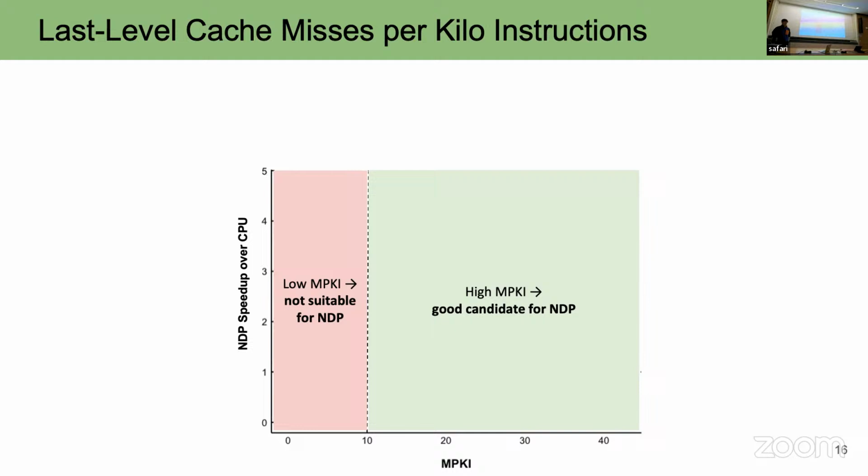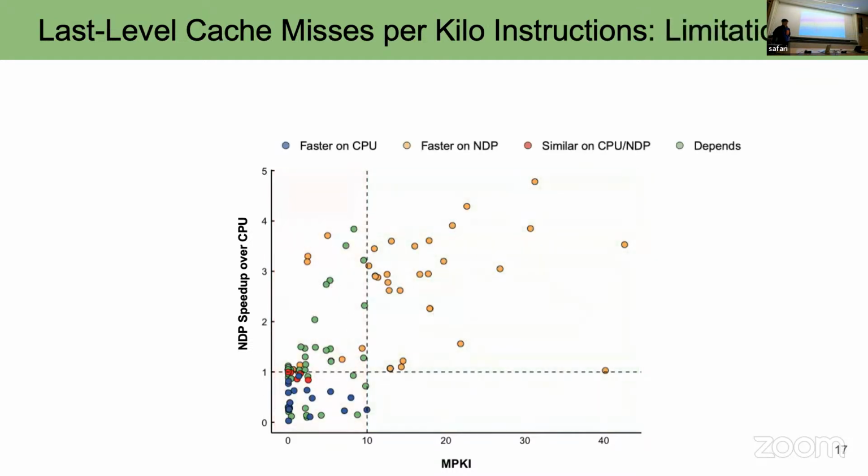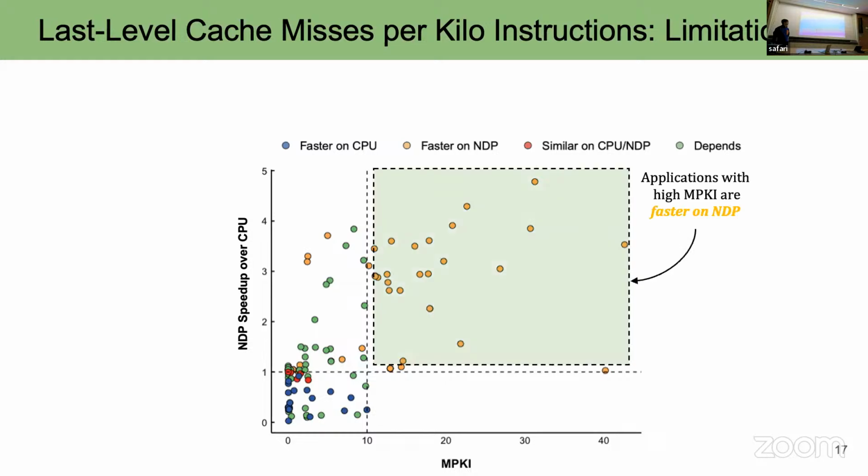High misses per kilo instructions are deemed good candidates for NDP systems, while low misses per kilo instructions are not suitable for NDP. But again, we're going to see that this is only somewhat true. If we have a look at another analysis, we can see again that, yes, there are some applications which are correctly classified as NDP suitable and functions which are deemed to be faster on a CPU.